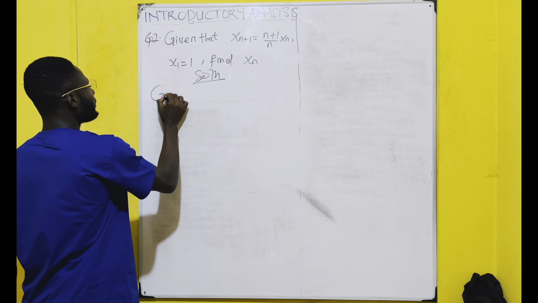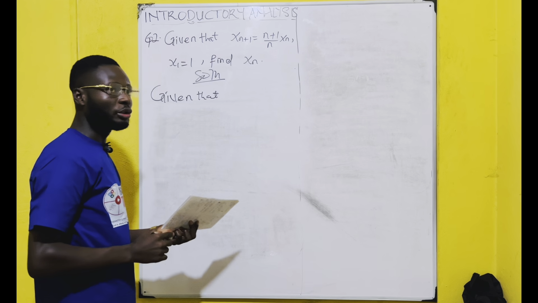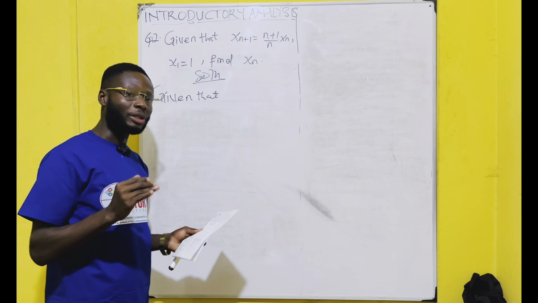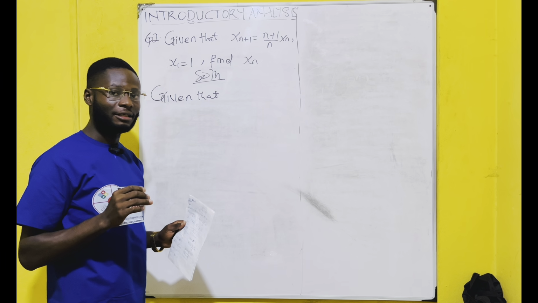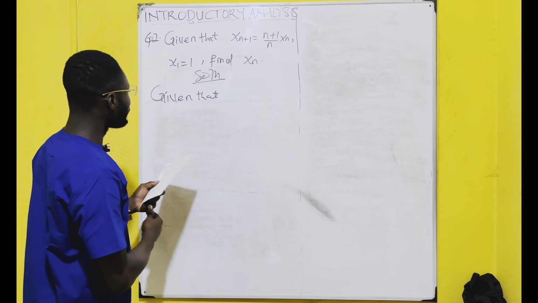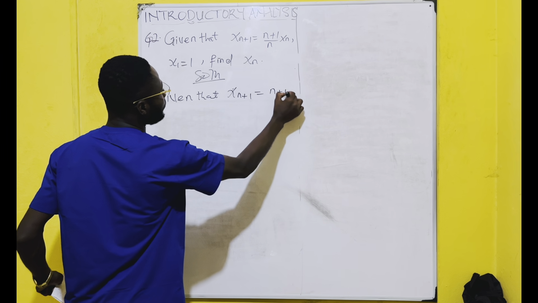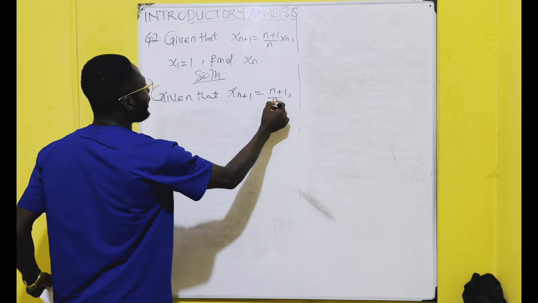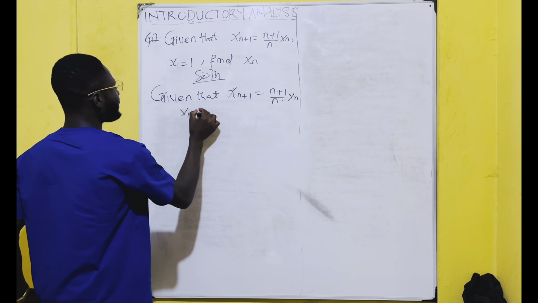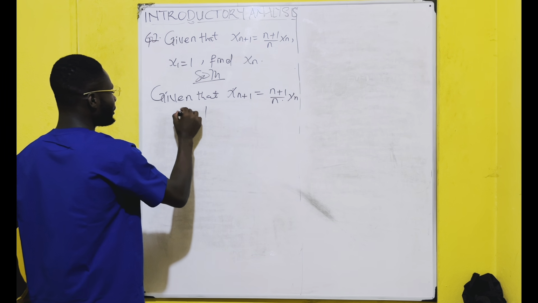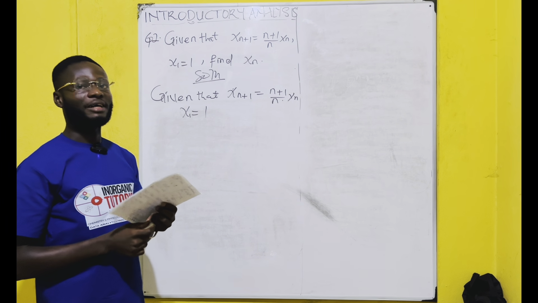So given that, always in introductory analysis, always try to write each step. It makes sense. Write it. All right, so given that S(n+1) is equal to (n+1) divided by n times xn, when S1 is equal to 1, now we want to find Sn.